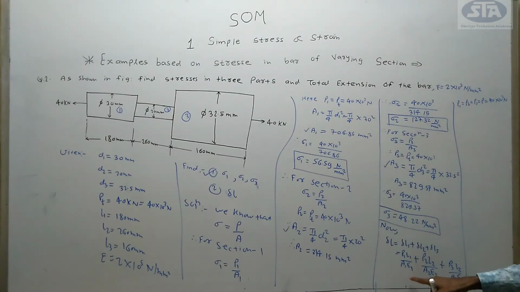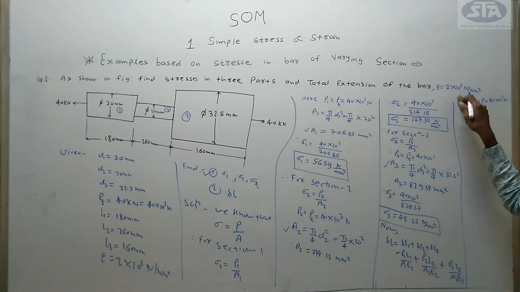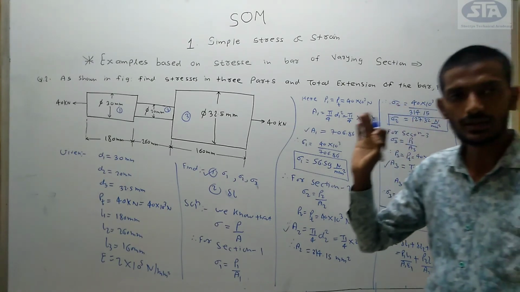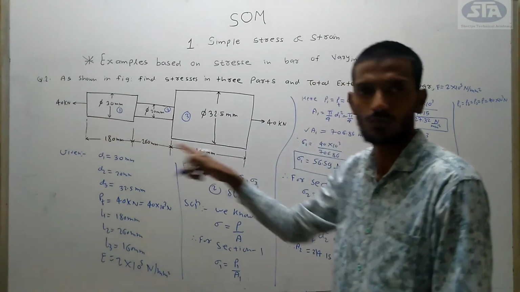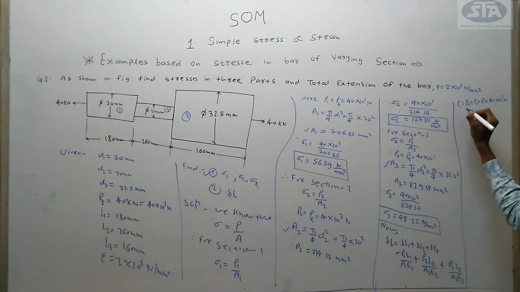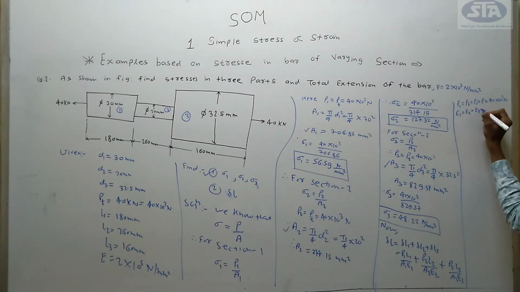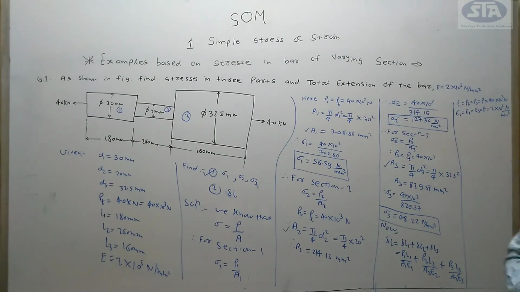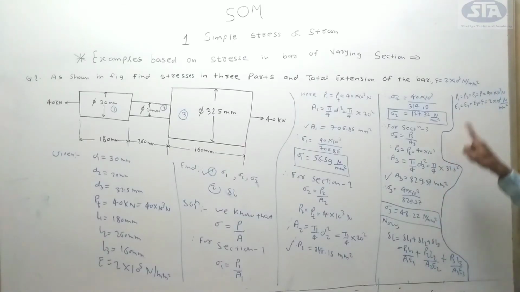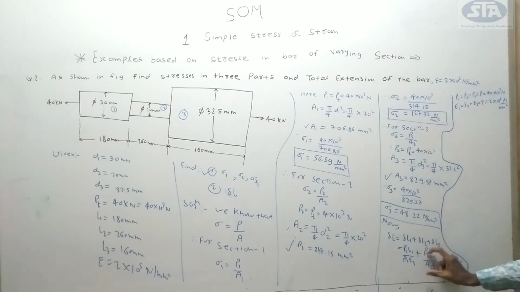Now for E1, E2 and E3 we get only a single E, meaning the material is the same for every section. We can write E1 is equal to E2 is equal to E3 is equal to E, which is 2 into 10 raised to 5 Newton per mm square. So we put P1, P2, P3 as P in the equation.